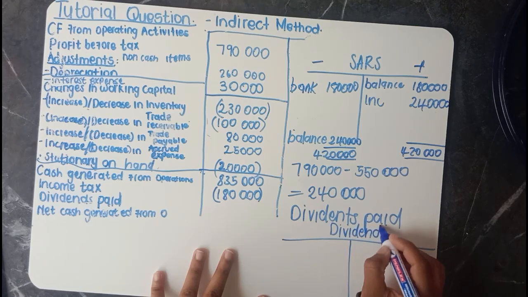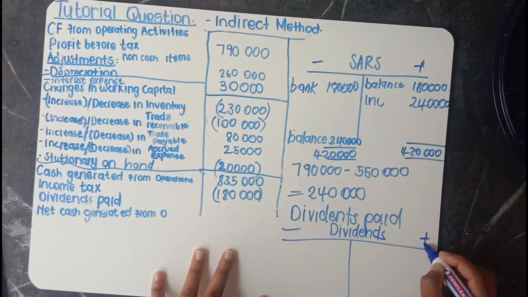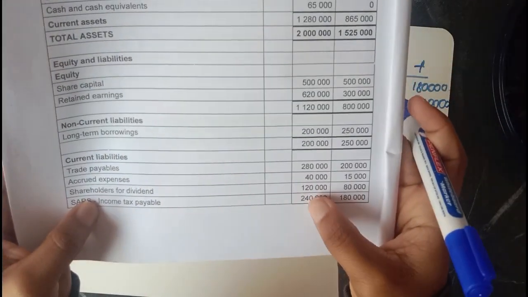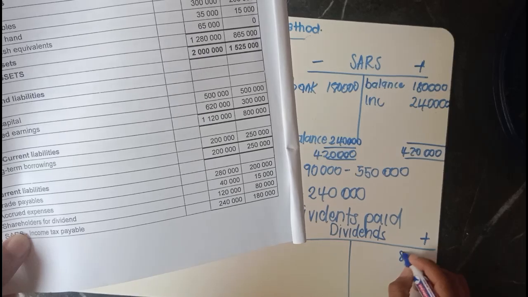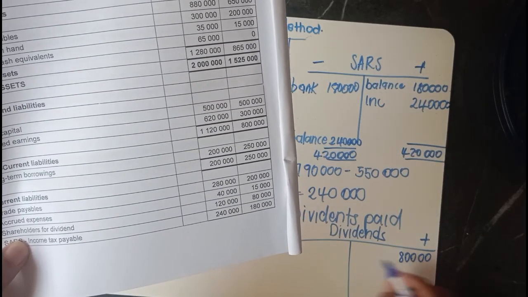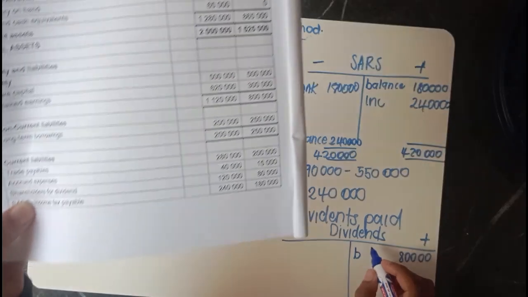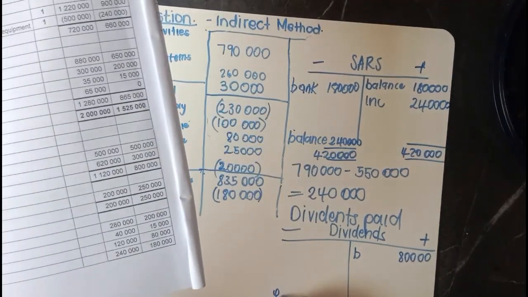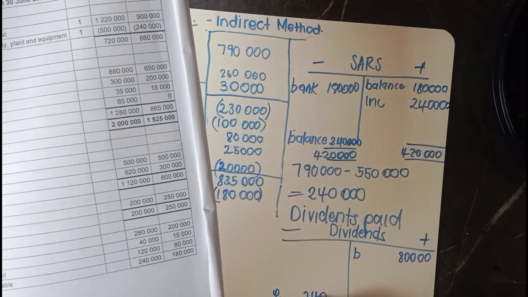Shareholders for dividends, and it's a minus or plus account, and we have our balances here. The balance at the beginning is 80,000, and your balance at the end is 240.